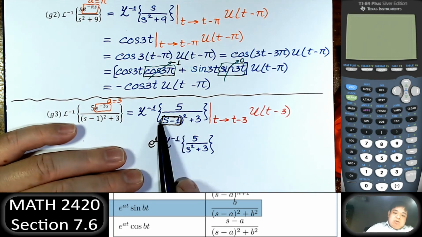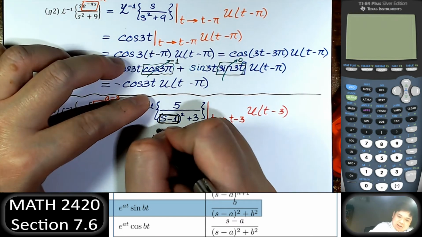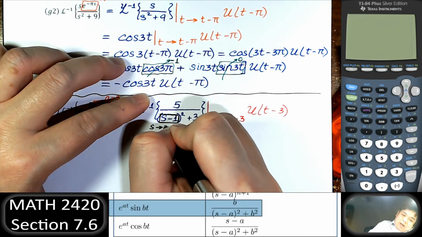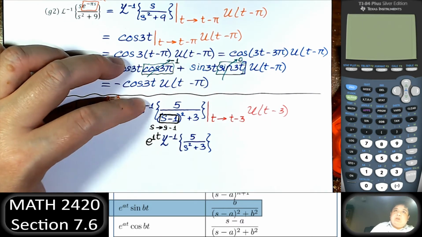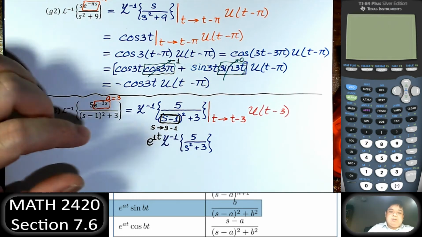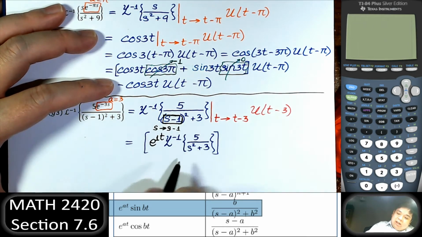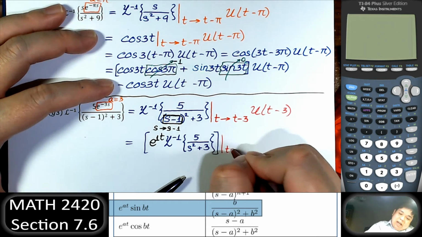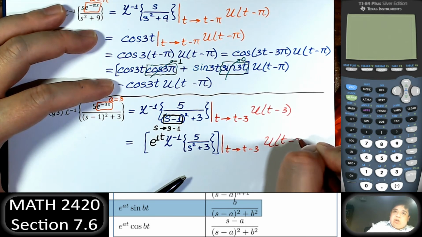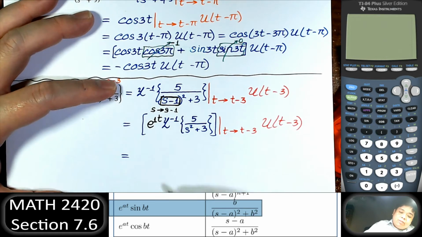So if we replace the s to s minus 1, the price to pay is e to the 1t. But notice that when we do all of that, make sure that at the end we have to replace t by t minus 3, and then unit step function u of t minus 3. Still have to have that.